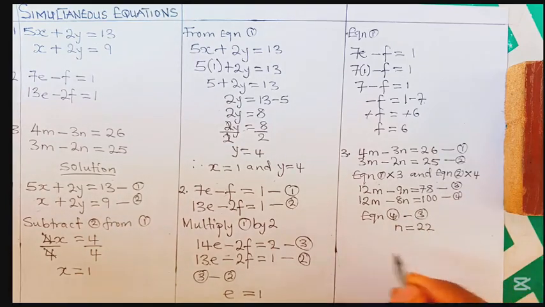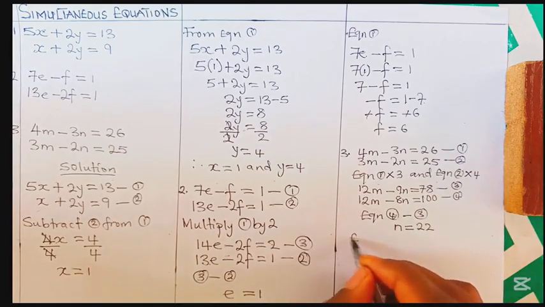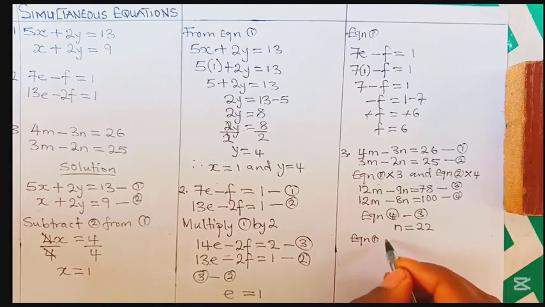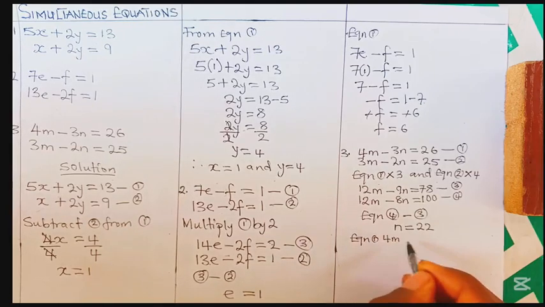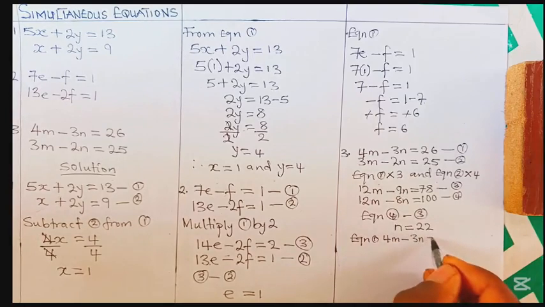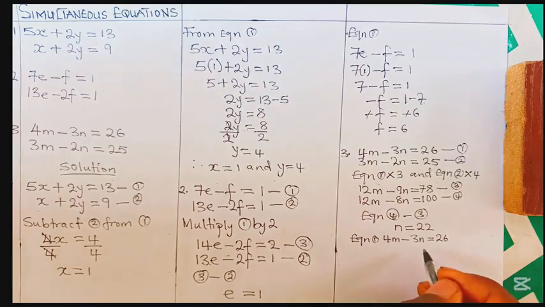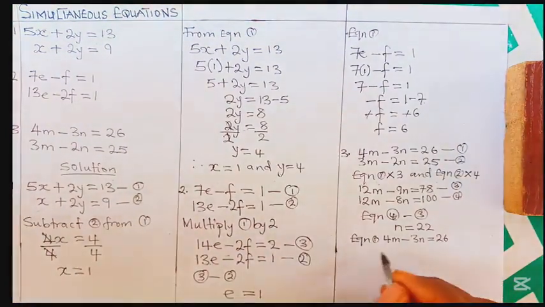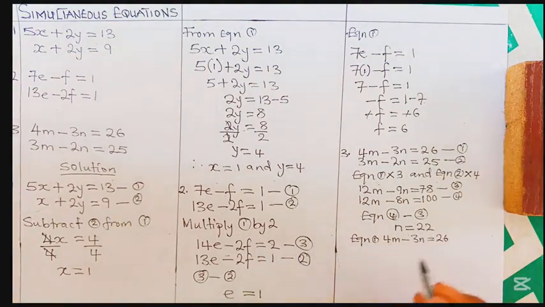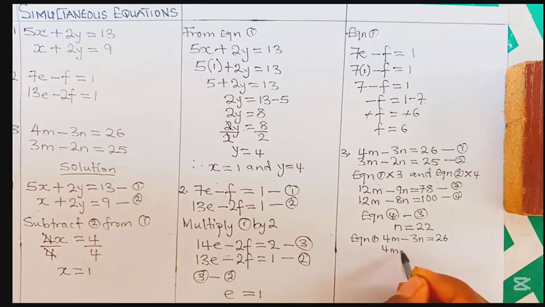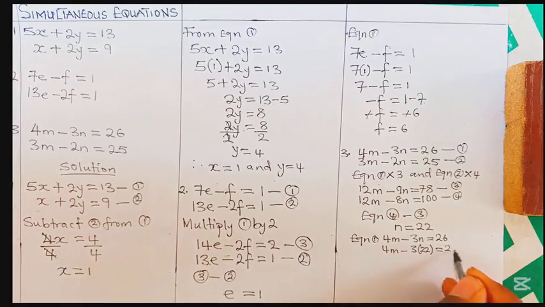Now when we substitute, let's say in equation 1, we have 4m minus 3n is equal to 26. So n is equal to 22. So we have 4m minus 3 times 22 is equal to 26. 3 times 22 is 66.